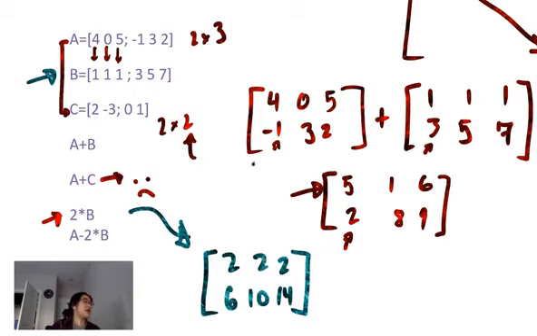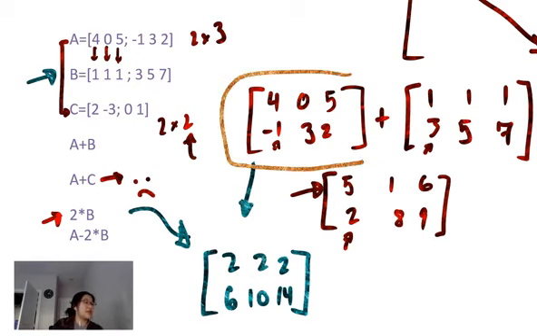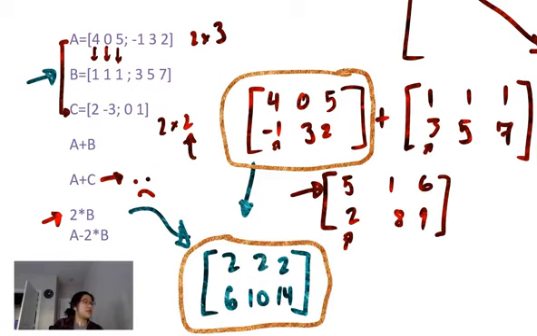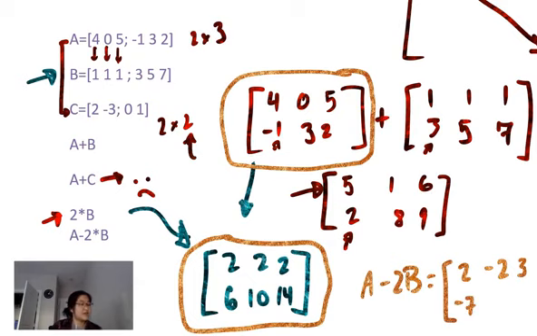We can also take A and subtract the scalar multiple of B. So this is matrix A minus 2 times matrix B. Then what are we ending up with? A minus 2B is going to be 2, negative 2, 3, negative 7, negative 7, negative 7, just kidding, negative 12.